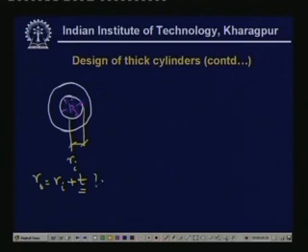Now if we say that the material fails under tension, then definitely the maximum tensile stress will occur at the inner surface, and that will be sigma theta. So case 1 is that it fails in tension.